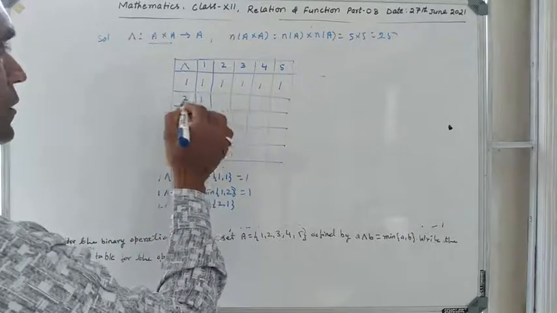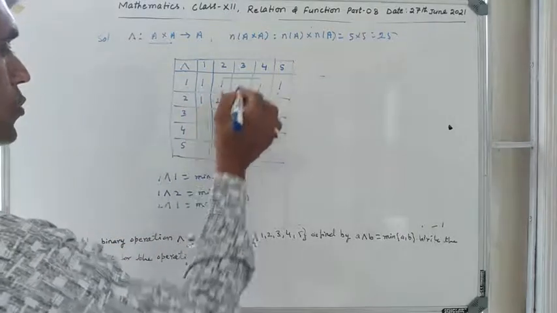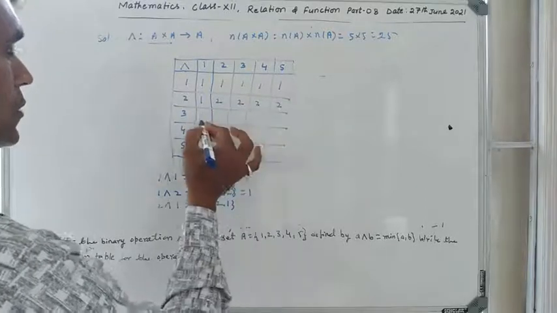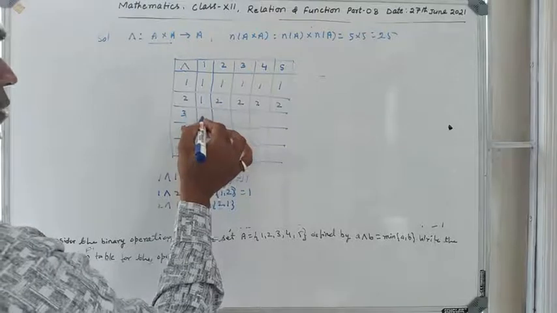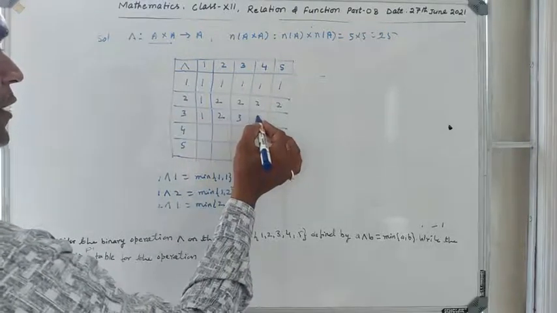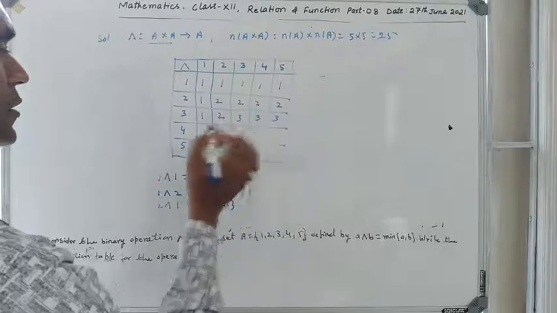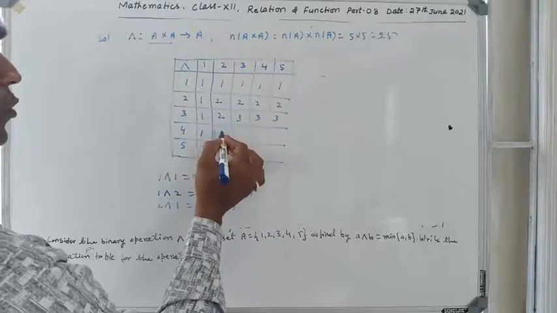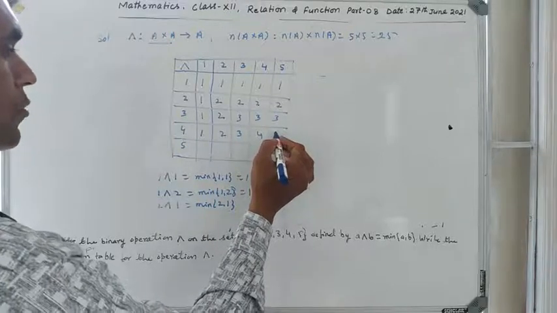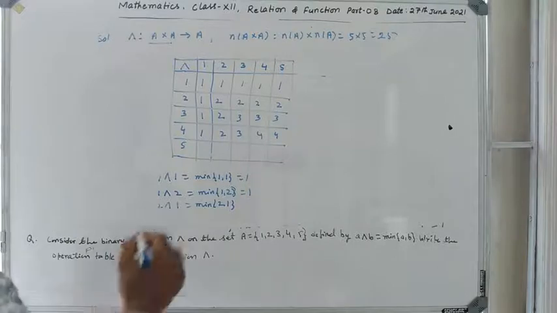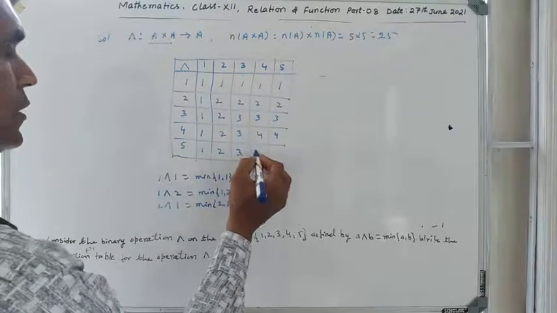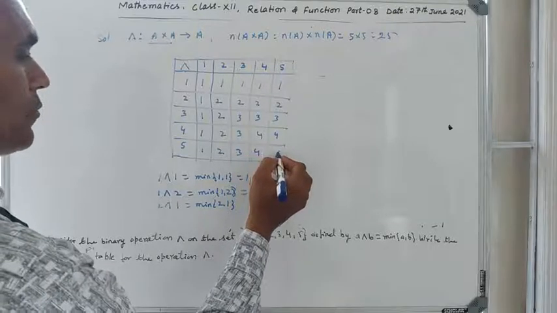And then (2, 2) will be 2, (2, 3) is 2, (2, 4) is 2, (2, 5) is 2. For (3, 1) it is 1, (3, 2) is 2, we have to take the minimum, so 3, then 3, then 3. Here 1, 2, 3, 4, and then 4, 4 for (4, 5), and for the last row 1, 2, 3, 4 and 5.